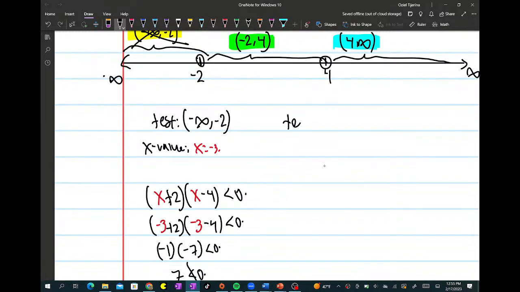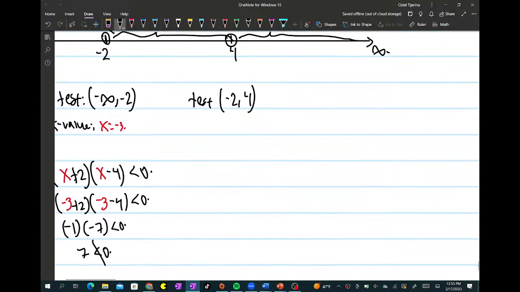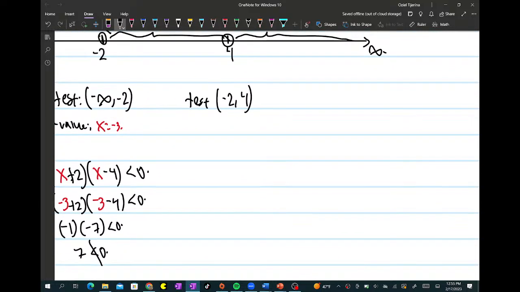And now we're going to test from negative 2 to 4. Let's pick x equals 0.